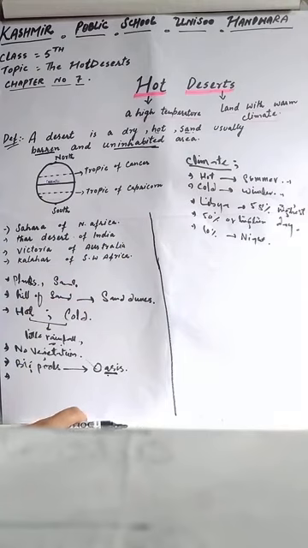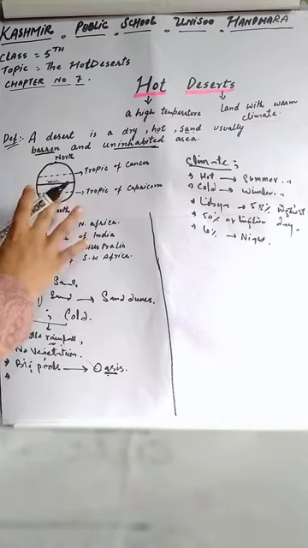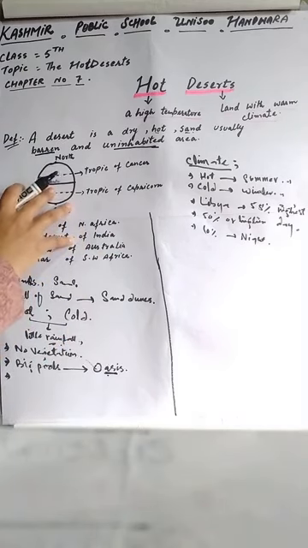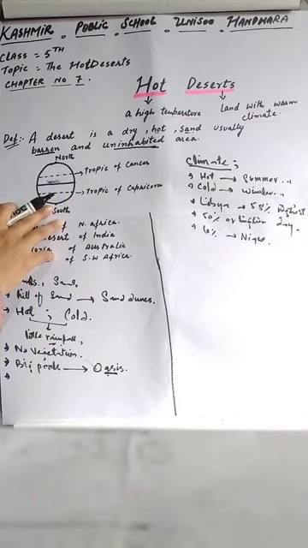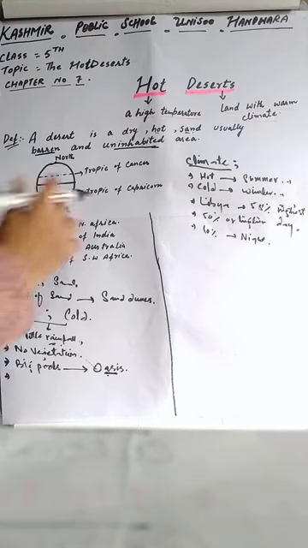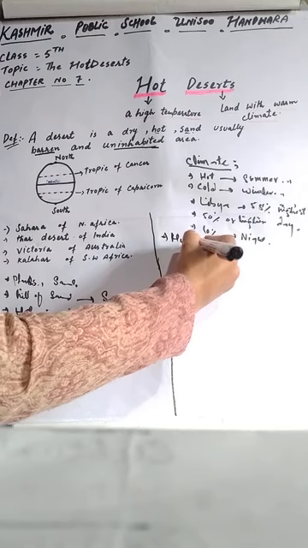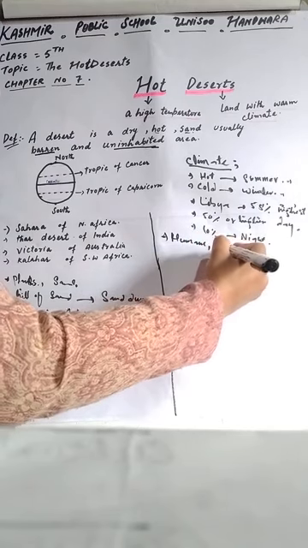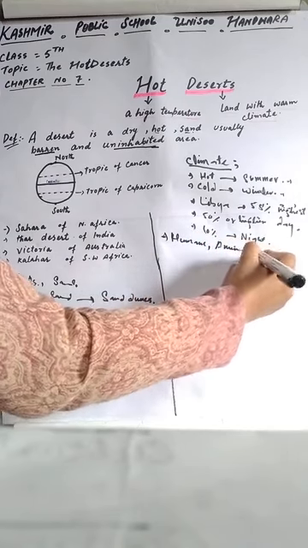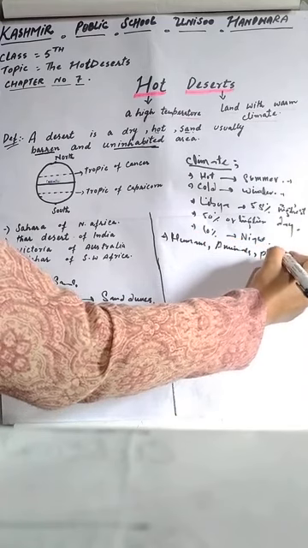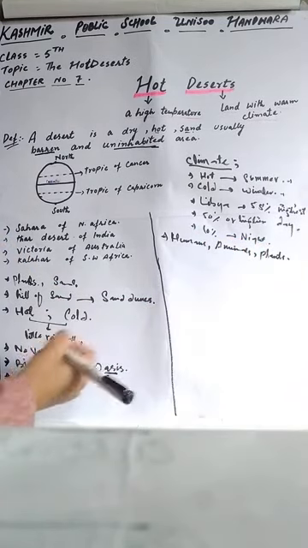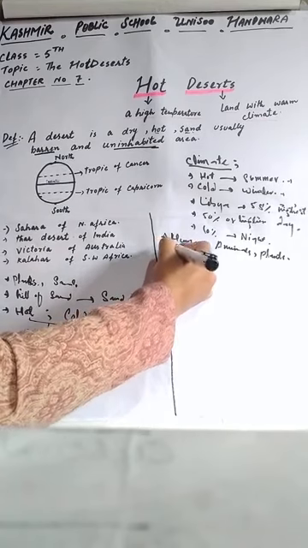In winter, the deserts located far from the equator are very cold. Okay, dear students, extreme temperatures combined with little rainfall or lack of water make desert life difficult for humans, animals, and plants.